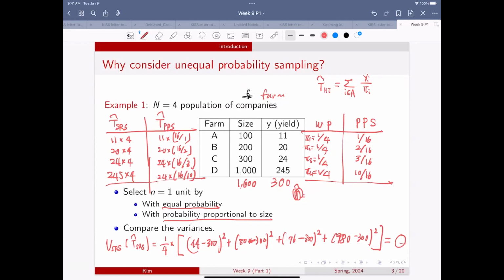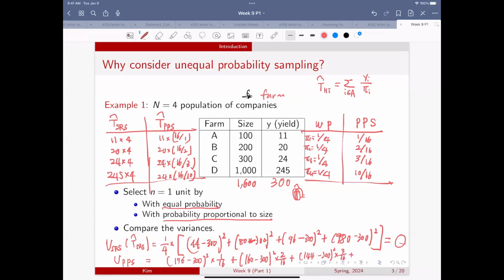Now let's take a look at what would be the variance of PPS. In that case, this is 176 minus 300 squared times 1/16, plus 160 minus 300 squared times 2/16, right? And then 144 minus 300 squared times 3/16.